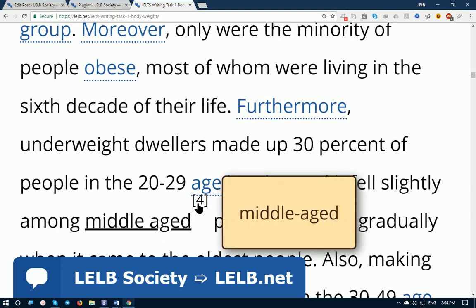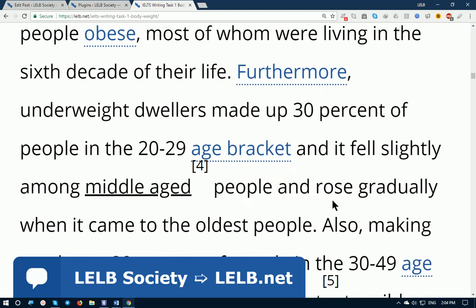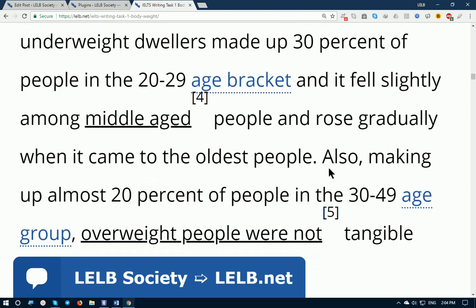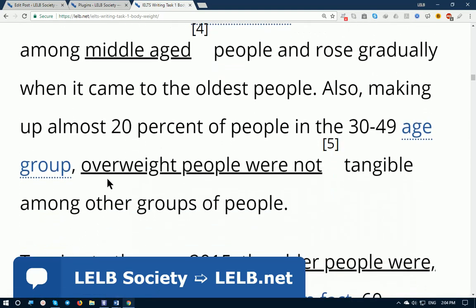Again, it must be middle-aged with a hyphen, and rose gradually when it came to the oldest people, also making up almost 20% of people in the 30 to 49 age group. Overweight people were not.